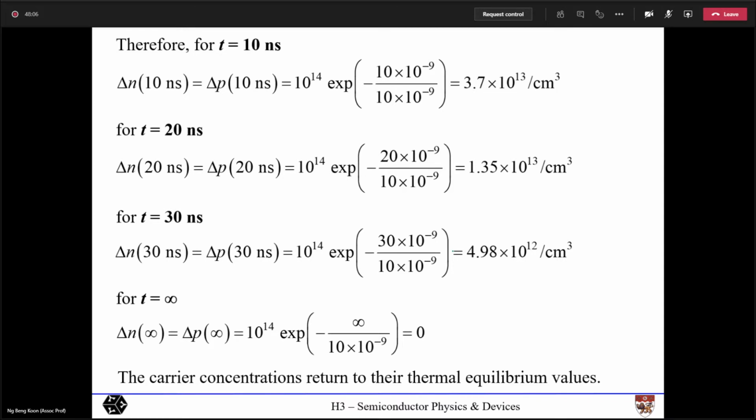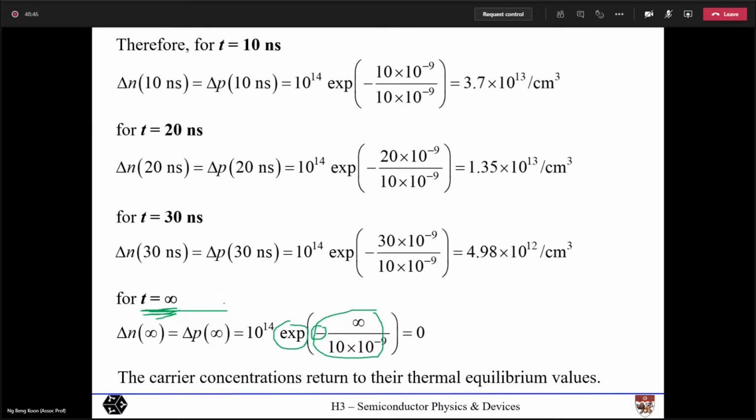Once you have this expression, you can put in the various times required to calculate the excess carrier concentration, and determine how the concentration changes with time. Particularly at t tends to infinity, if time goes to infinity, then this term here becomes very large in magnitude, but there's a negative, so it tends to negative infinity, and the exponential of that tends to 0.